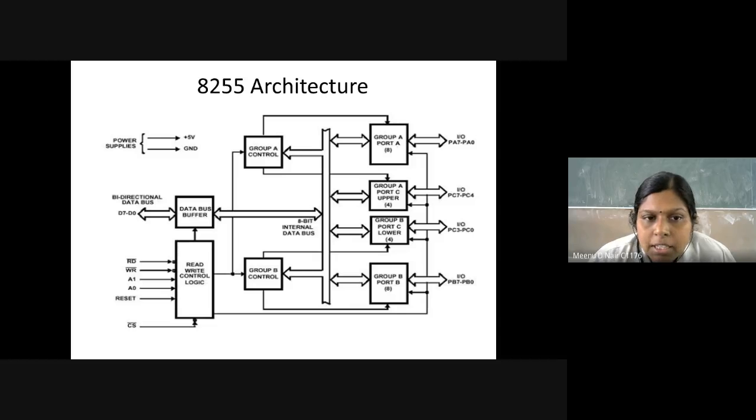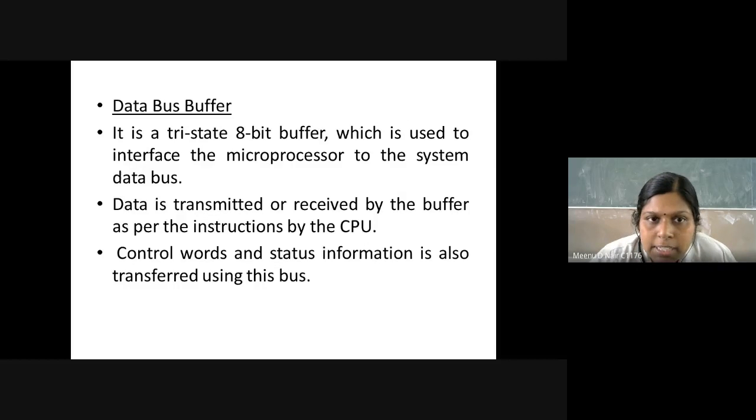So we will see each and every block in detail. First one is data bus buffer. The data is transmitted and received by the buffer as per the instruction of the CPU. That is the important thing of the buffer.